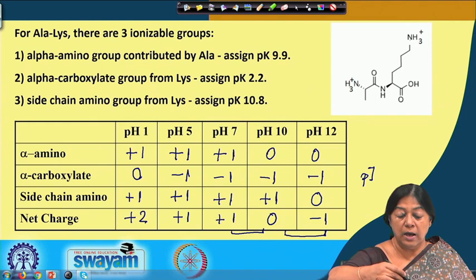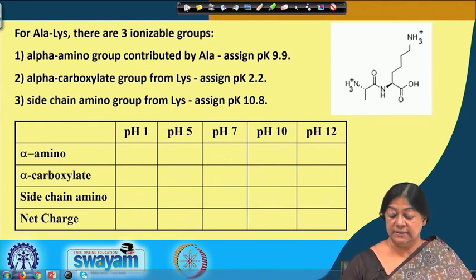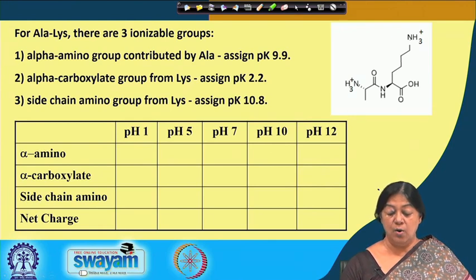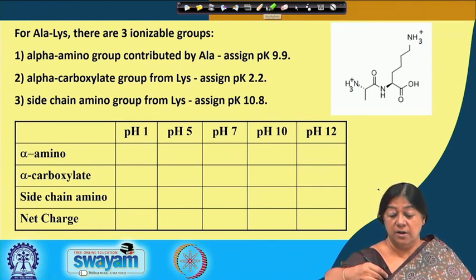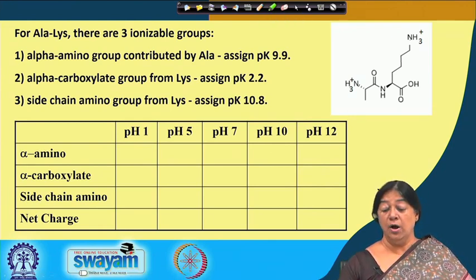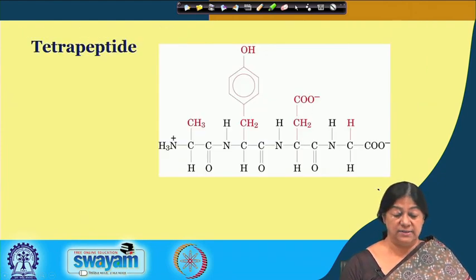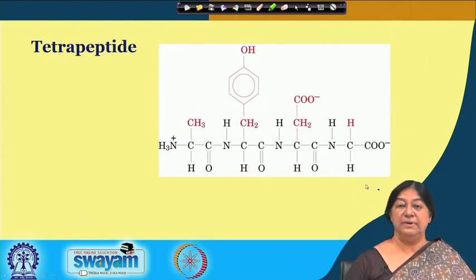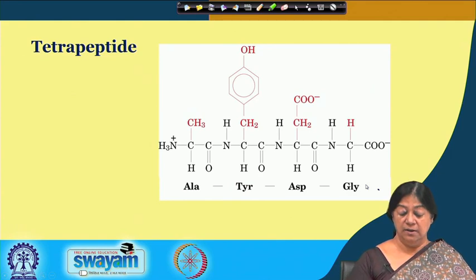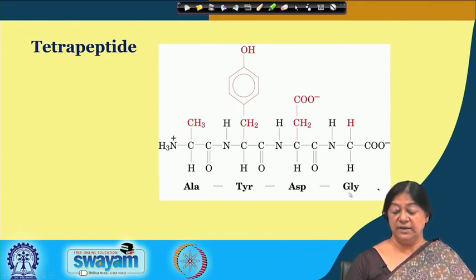We want to go now to the next idea, and we want to consider that if we have now a longer peptide, then what do we see? So, if we have a tetrapeptide like this, we can do the same thing: alanine, tyrosine, aspartic acid, glycine.